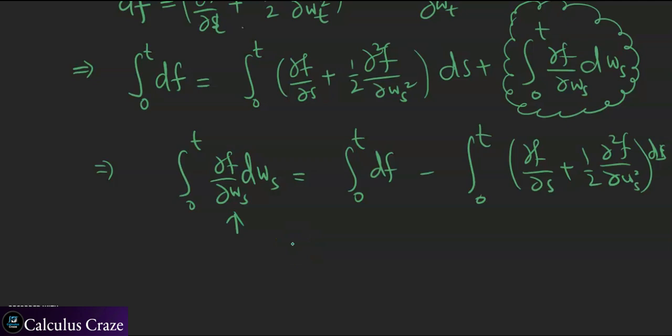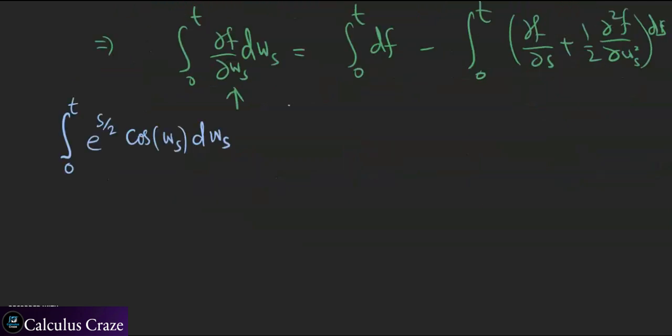Now I will write an example which we will be solving using this version of Ito's lemma. We want to calculate this integral, so we want to see to which expression this stochastic integral is equal. What we have to do is compare this quantity over here with this.